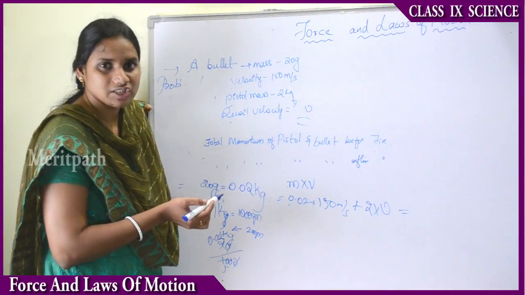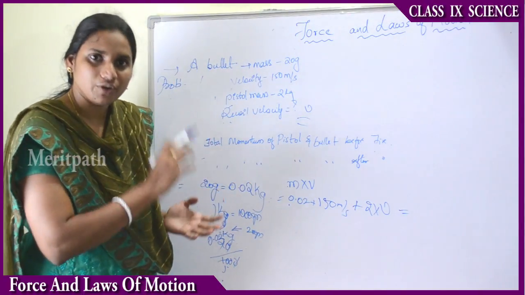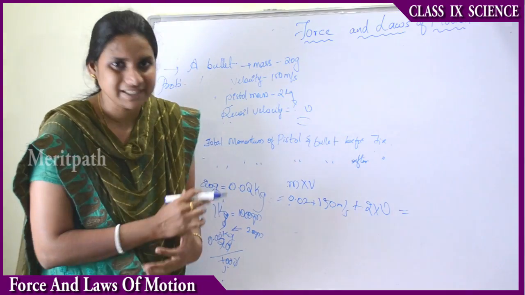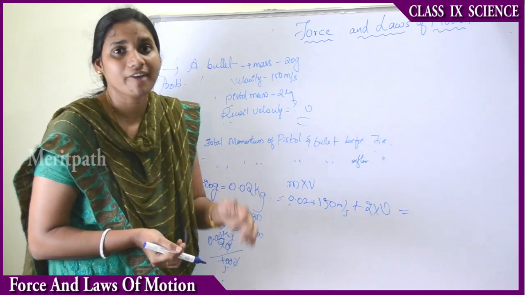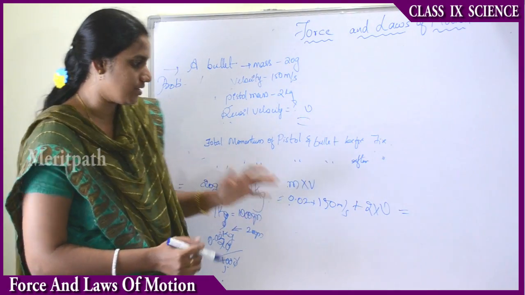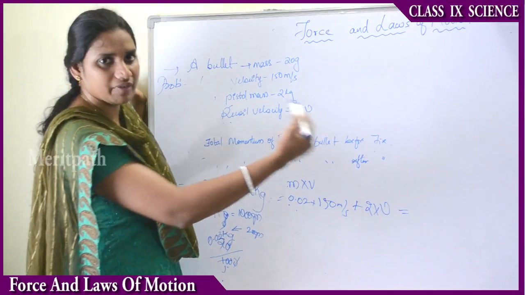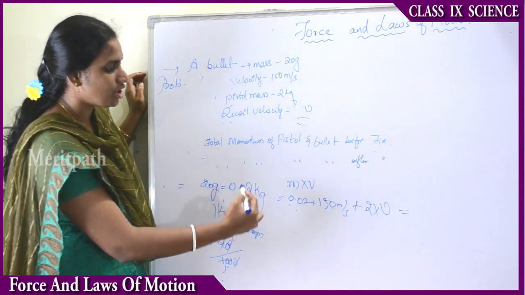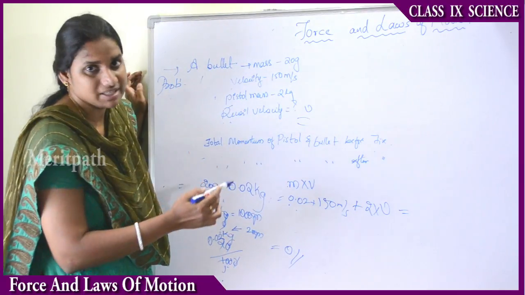The law of conservation of momentum says that the momentum before collision and after collision will be the same. Therefore, the momentum before firing and after firing should be equal. Before firing, the momentum is 0 because the initial velocity of the bullet and piston is 0.